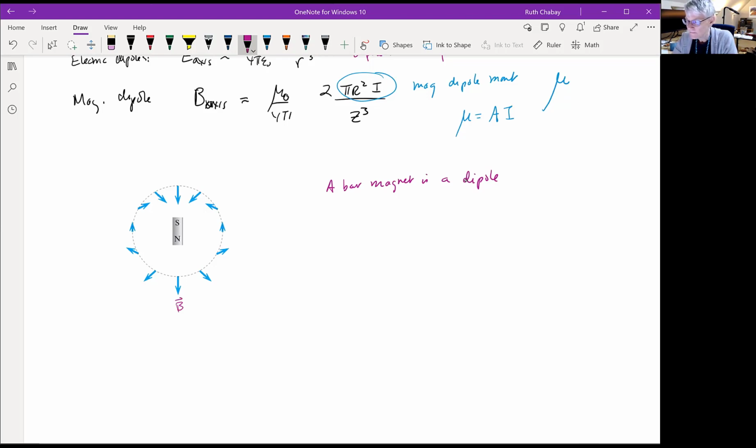And so the question is, how does a bar magnet manage to make a dipole field? Are there current loops in a bar magnet? Why is a bar magnet a dipole? The answer is that there actually are current loops inside a bar magnet at the atomic level.